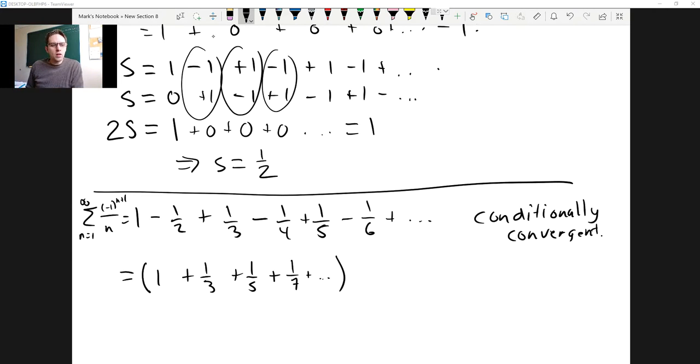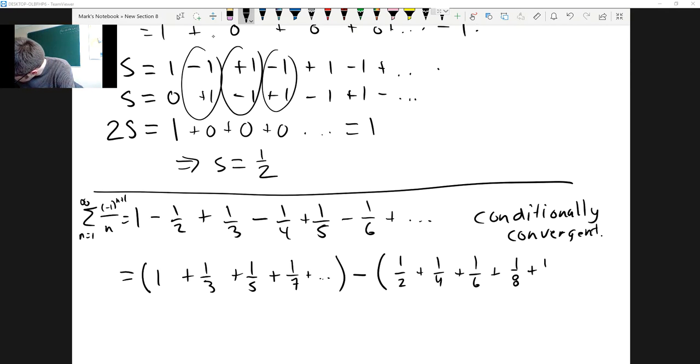And then all of the even terms have negative signs. And so we could have 1/2 plus 1/4 plus 1/6 plus 1/8 plus 1/10, and so on. All right. Now already I'm rearranging the order of the terms, which should be a red flag. We have no basis for knowing that that's actually something that we can do.